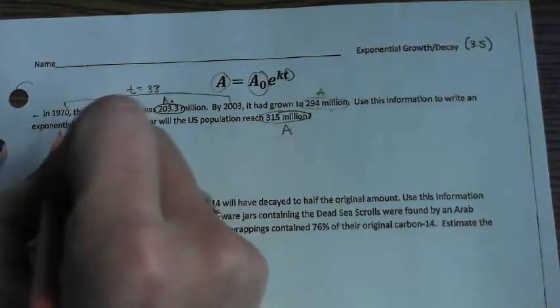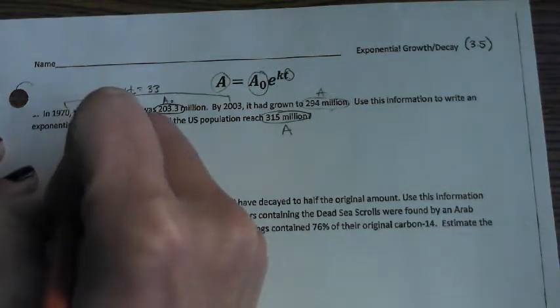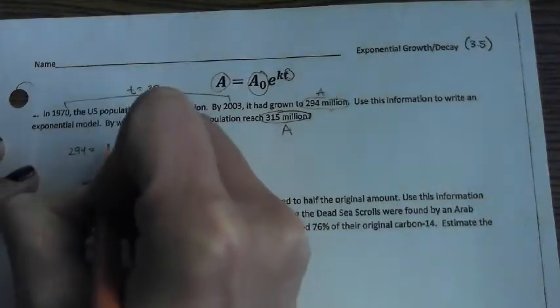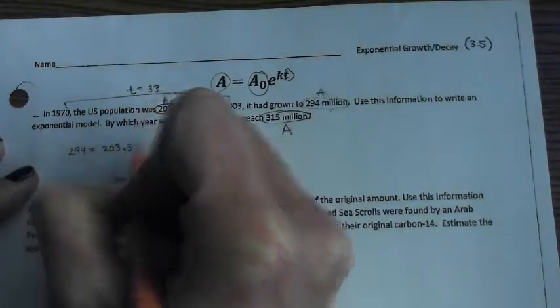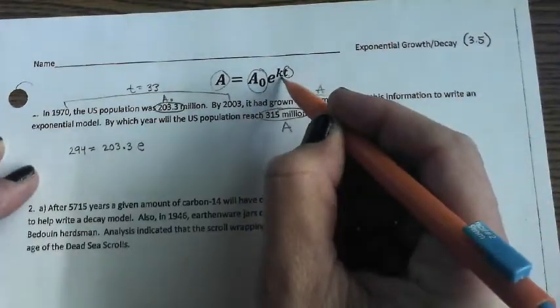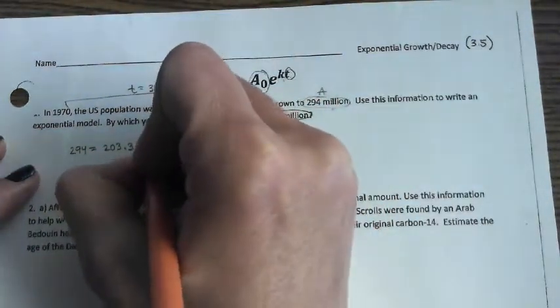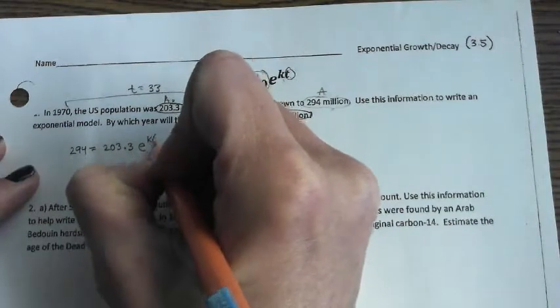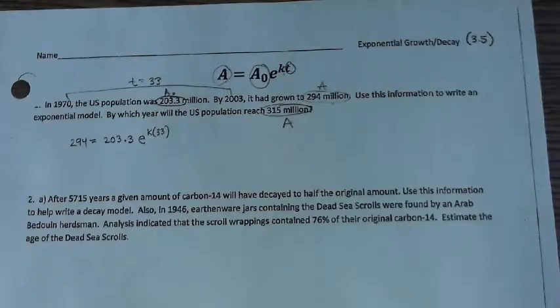So we'll plug in 294 equals 203.3 e to the k, k is what we're looking for, and t has been 33 years. So we're going to solve that, find k, and then readdress the question that they're actually asking.